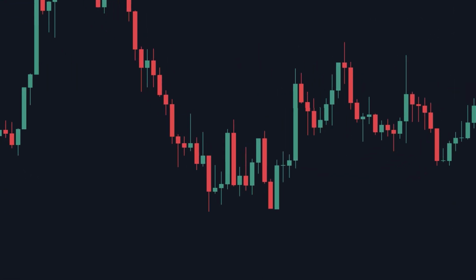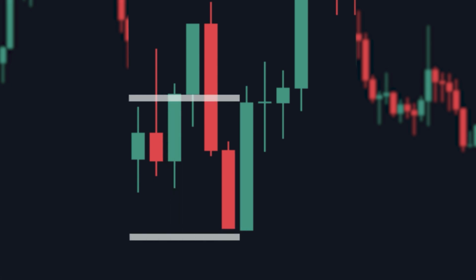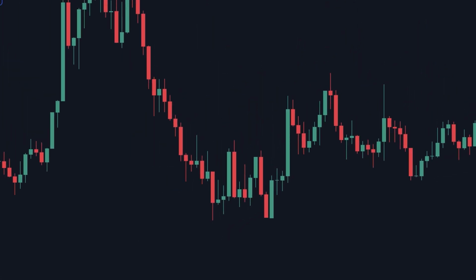For it to qualify as a true engulfing pattern, the second candle's body must completely engulf the body of the previous candle. This means the open and close of the second candle should fully cover the range between the open and close of the first candle. Ideally, the second candle has little to no wicks, as this shows strong conviction from buyers or sellers.